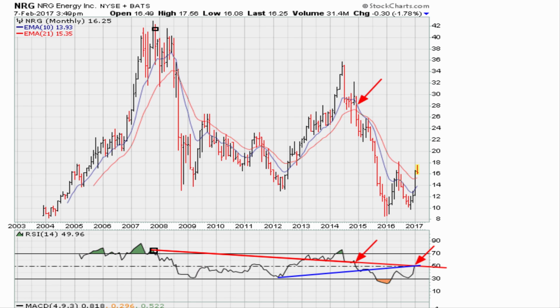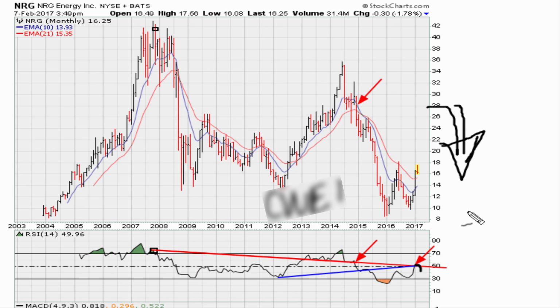And also we see that it could be rejected as it tries to move above RSI 50. So given those three things, as long as the stock is showing all those three aspects of rejection, we are looking at the possibility that this instrument, like many others, is poised to go lower.